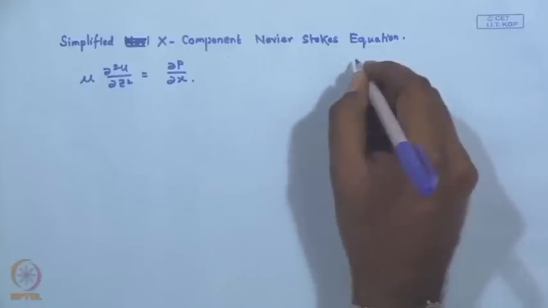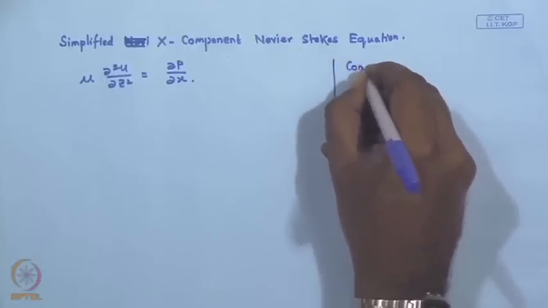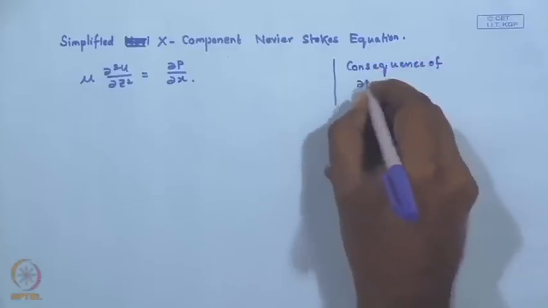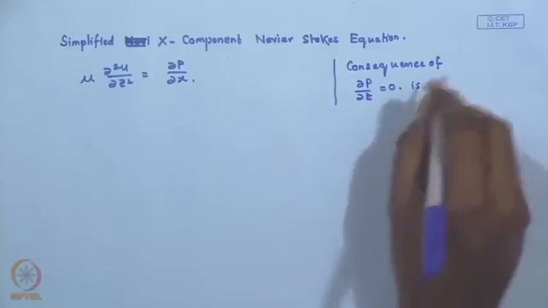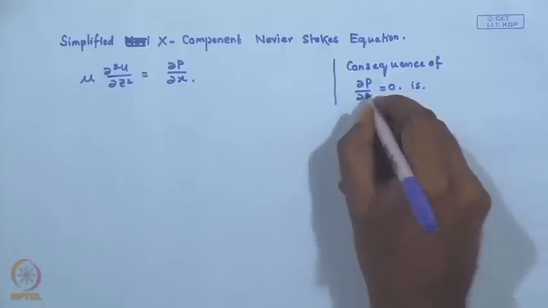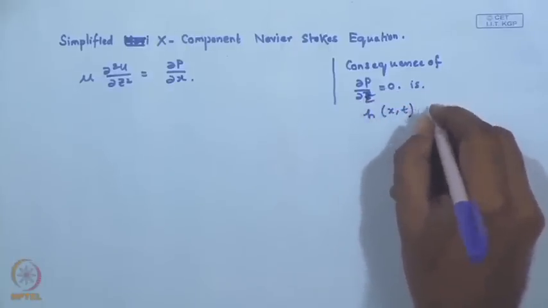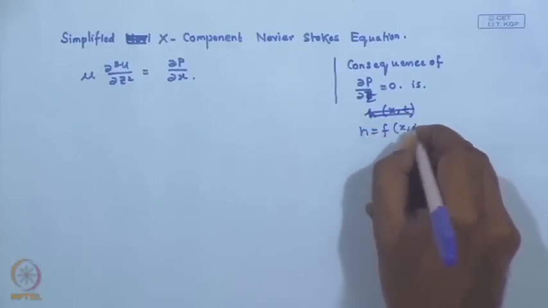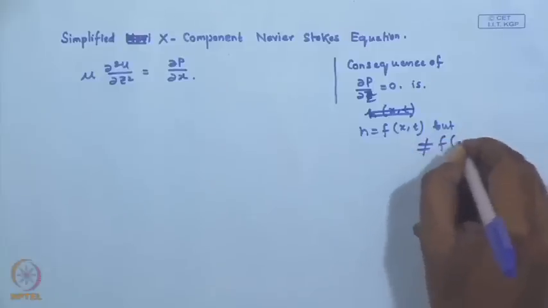So, the other thing that I would just like to highlight, before I move further, sorry, I forgot to mention it, is the consequence of del p del z equal to 0, which is that h is a function of x and t but not a function of z.